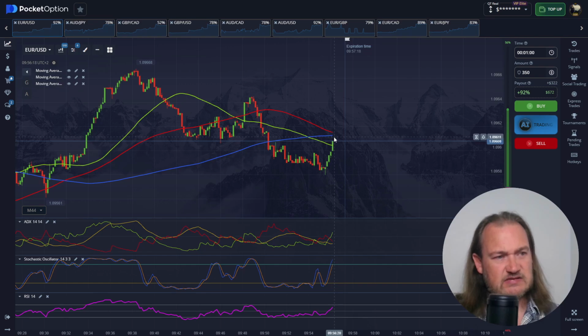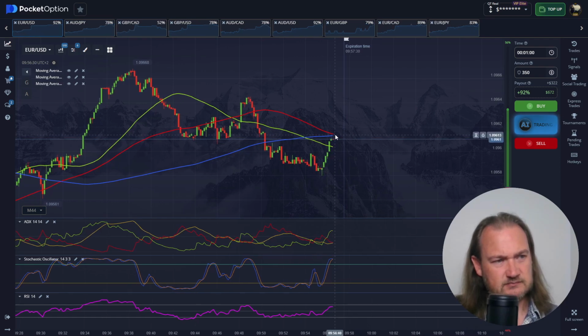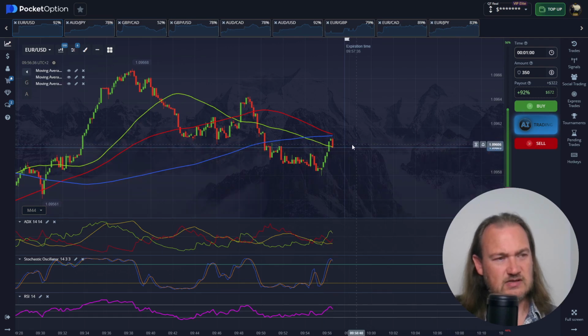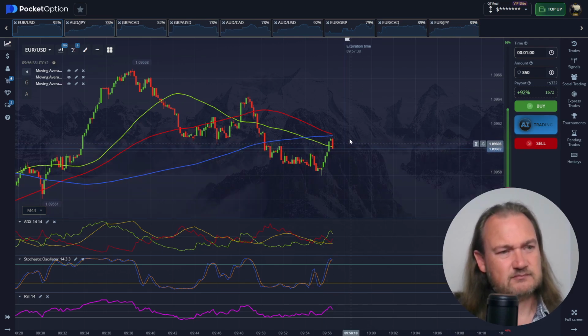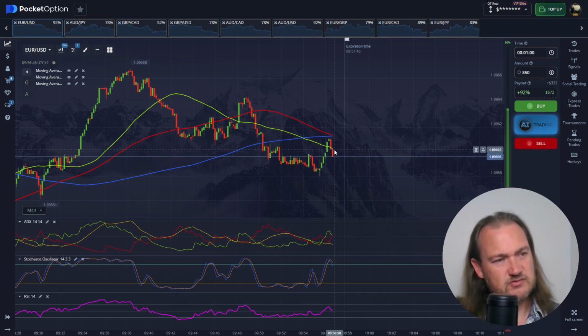Let's see if it comes up a little bit more, and the ADX spikes, the DI also comes up a little bit more. This looks like it might be a sell trade for us. Where did it end? 42. Too late. Why am I missing all my entries today?